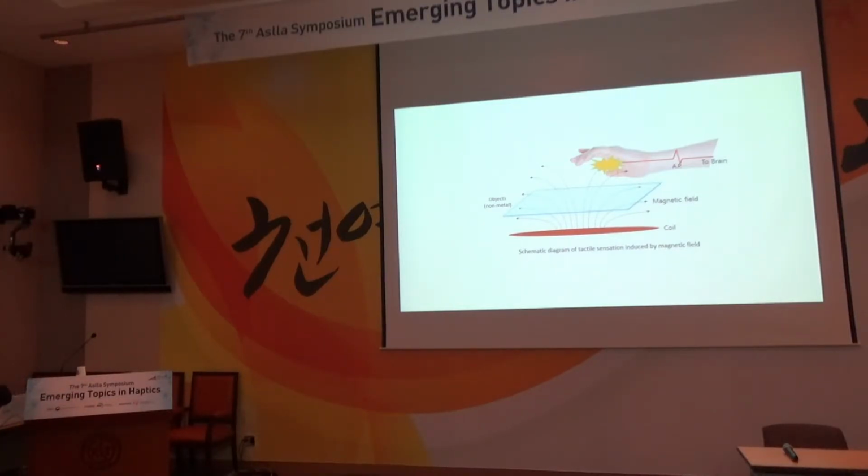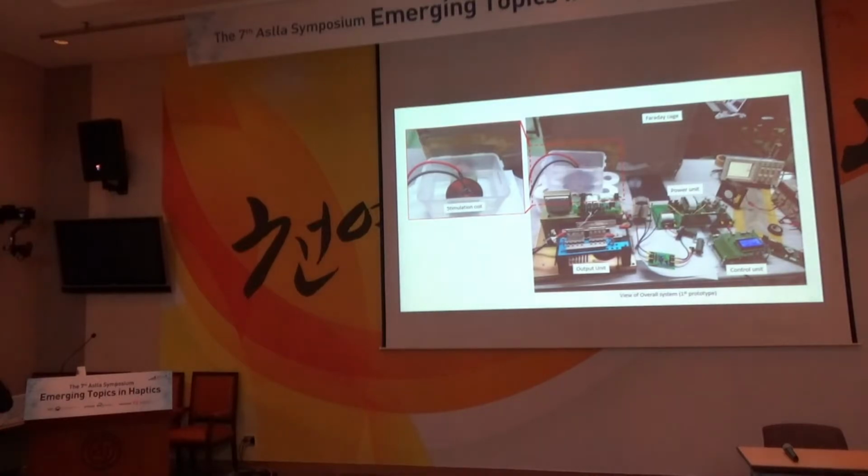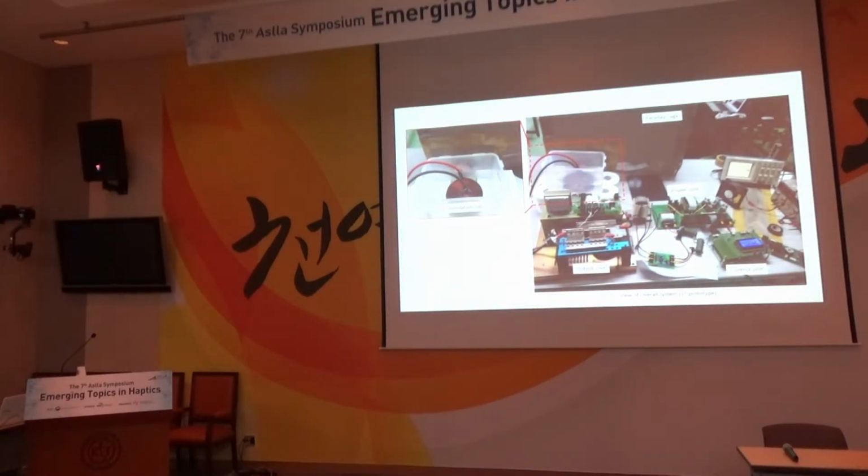Now I equipped it on the desk, on the back side of the desk, and I feel the sensation. This is our prototype system, a very big system, and now the size is decreased to half compared to this.